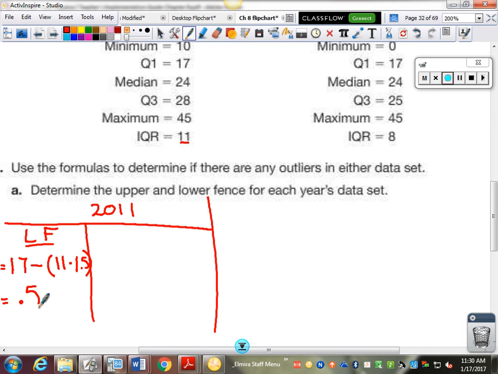And get 0.5. So our minimum value is 10. That's not considered an outlier because it's higher than the 0.5.